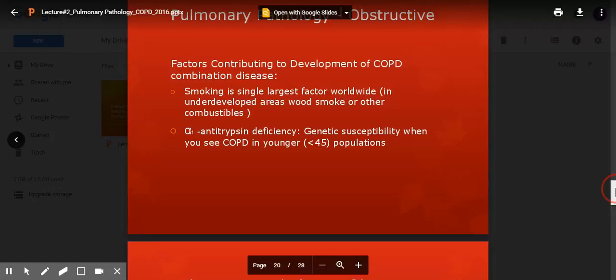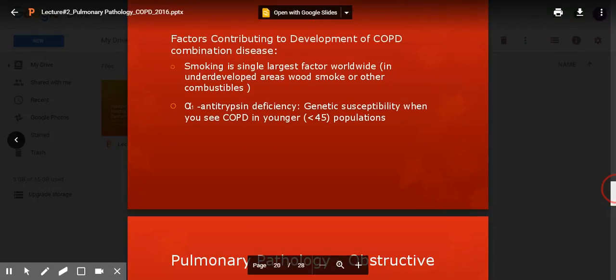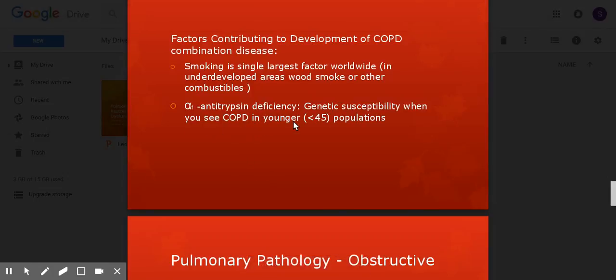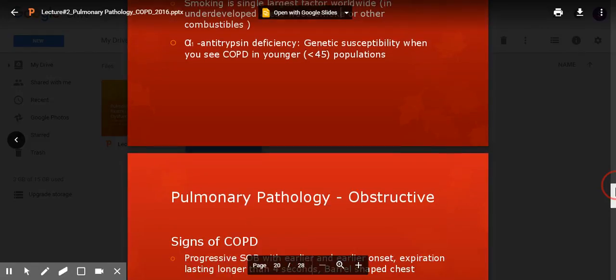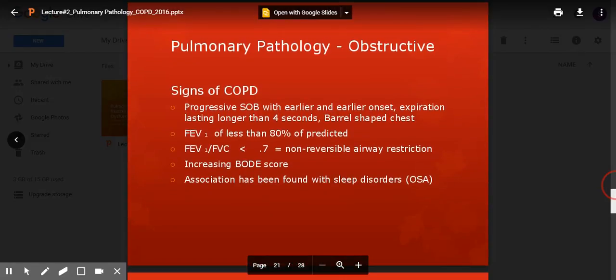Alpha-1 antitrypsin deficiency is a genetic susceptibility, and whenever you see COPD develop in a patient younger than 45 years of age, there's a high suspicion that they have an alpha-1 antitrypsin deficiency that is contributing to their emphysema.